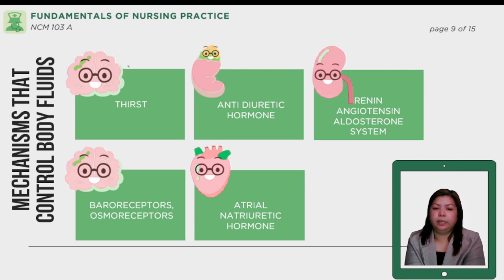So your ANH helps regulate fluid balance and blood pressure by counteracting the actions of the RAAS. Overall, these are the mechanisms that control your body fluids.